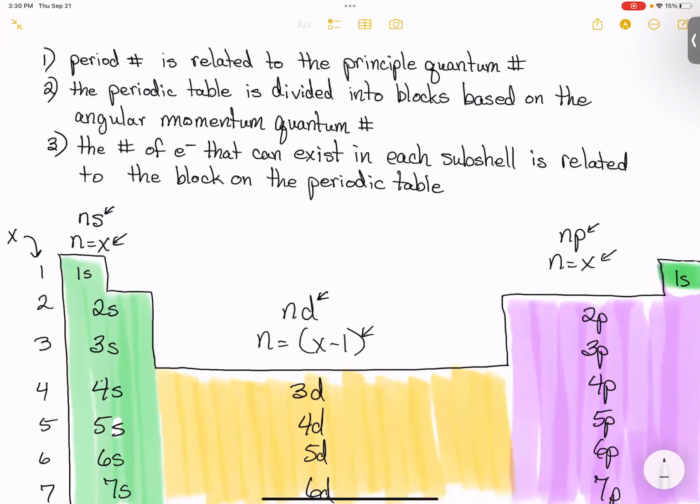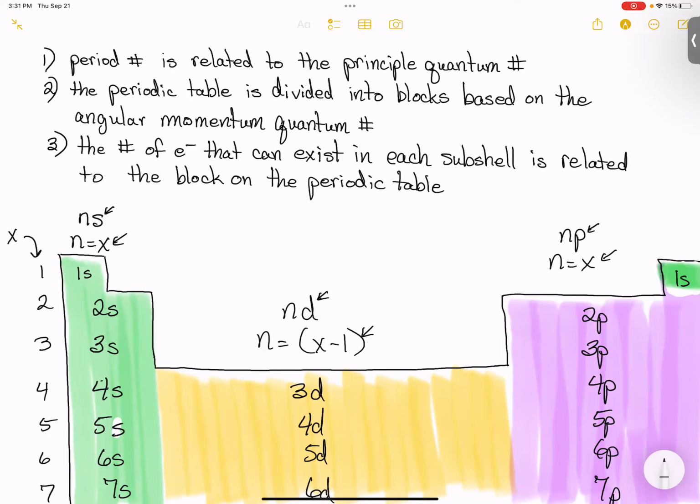While we didn't describe it by a number, an S is always 0, a P is always 1, a D is always 2. That is something I described previously. And then the number of electrons that can exist in each subshell is related to the block on the periodic table.